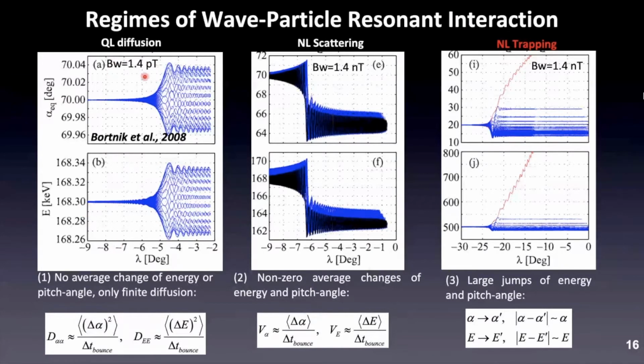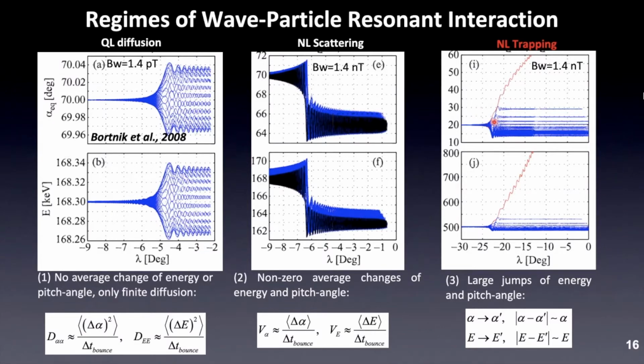We can see that at low wave amplitude, the interaction is mostly diffusive, which means there's no average change in the pitch angle or in energy, just the diffusive terms. As the wave amplitude increases, as we can see in the later two panels, we start to encounter nonlinear scattering and nonlinear trapping. This is just terminology; you don't need to pay too much attention. I just want to emphasize that whenever the nonlinear effects are triggered, we do start to encounter large changes in the pitch angle in the average sense.